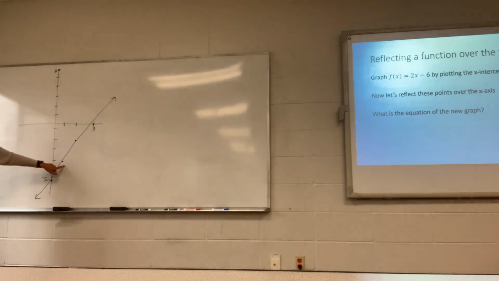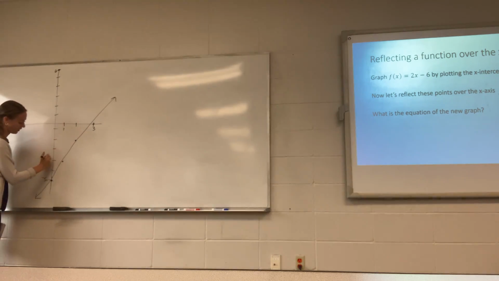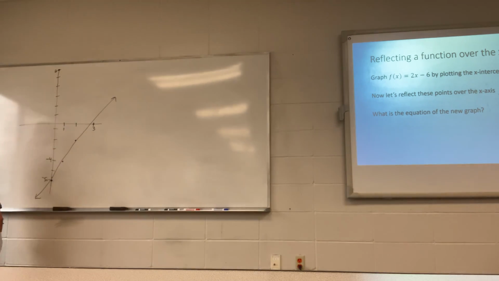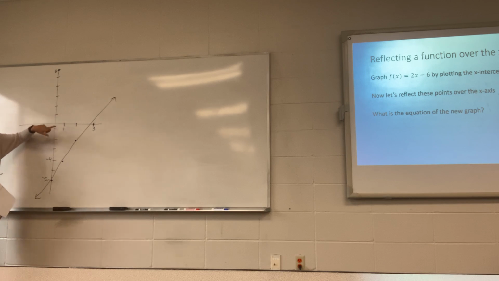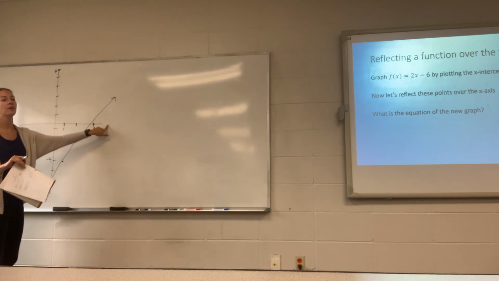Now this point right here that's at 1, negative 4, what would its coordinates be when I reflect it? Mackenzie, what do you think? If I'm going to reflect it up, so positive 4.